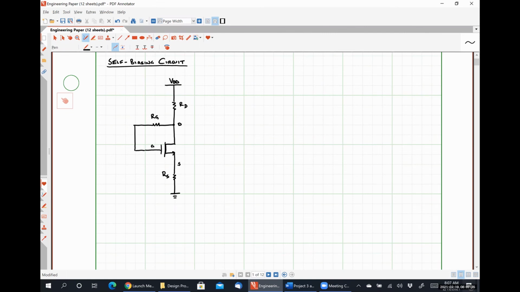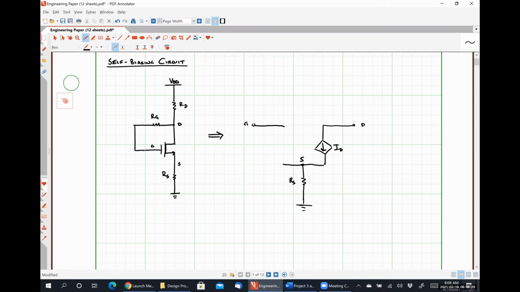If we look at our large signal model for this guy, I'm going to start with, let's say, I'm going to put my gate right here. My resistor RS, this is my source. My drain current ID.